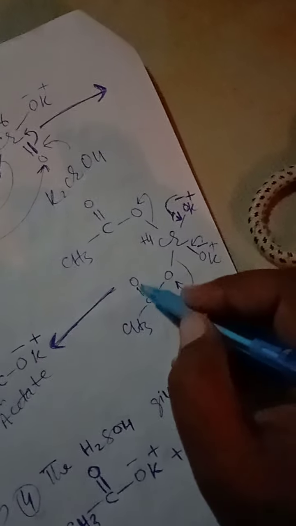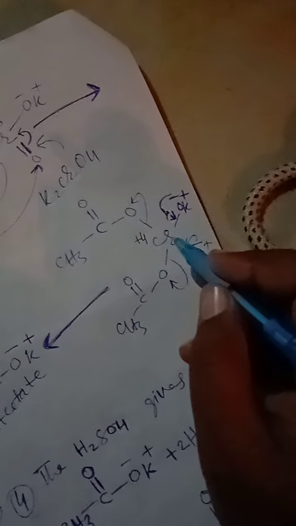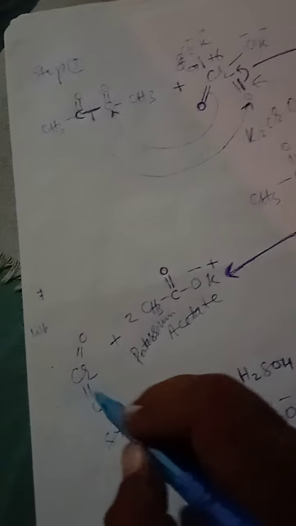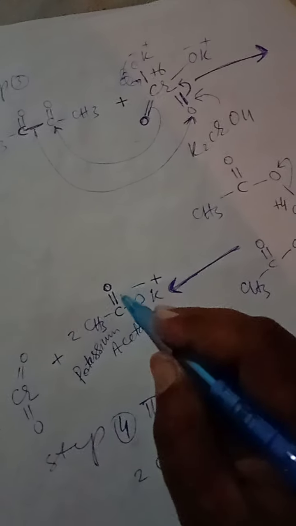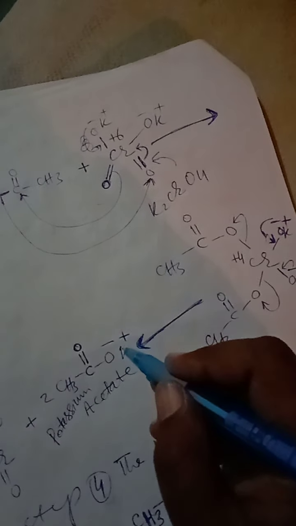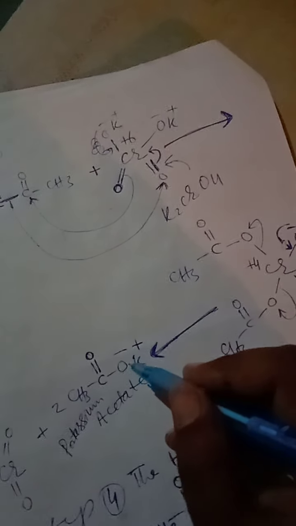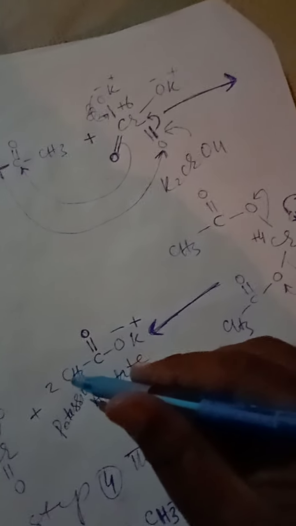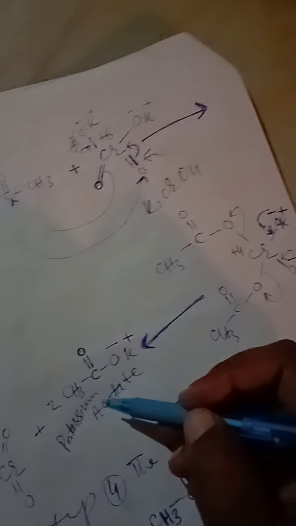The other bond between the oxygen of the acetate ion and Cr also shifts onto oxygen, and they form another acetate ion, and the potassium ion is attached, and they form another molecule of the acetate ion.